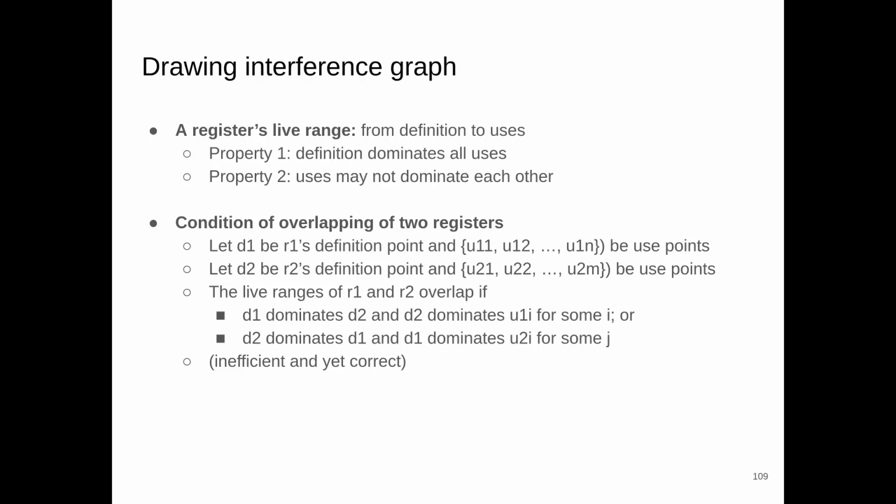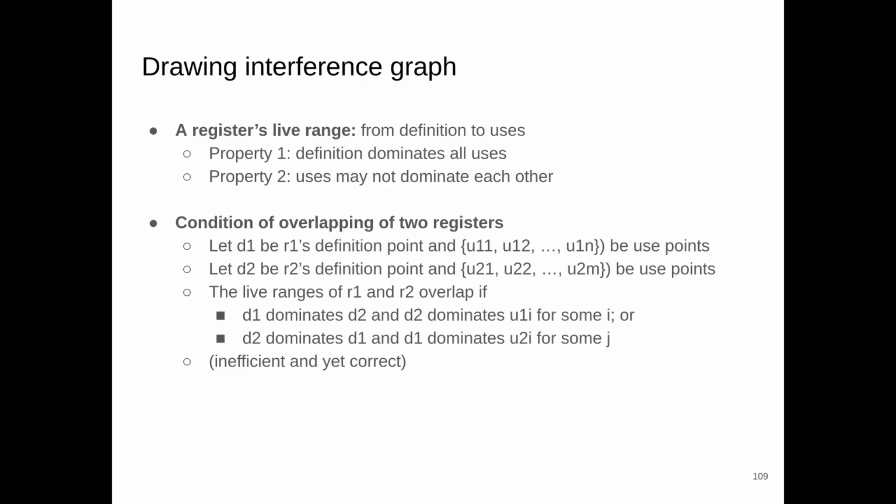As a result, we are checking whether their definitions are necessary to be remembered at the same time. And you have to check only two things. First, if the two registers should remember their values when R1 is defined, they are overlapping.